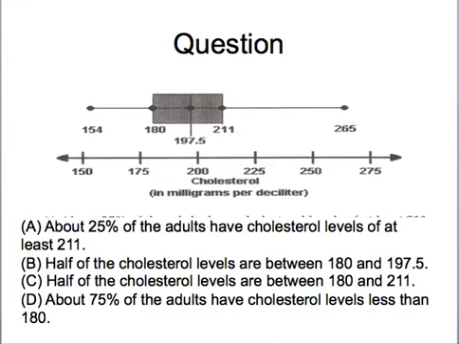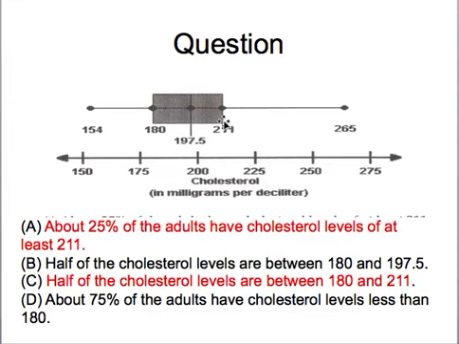More than one of these would be true. About 25% of the adults have cholesterol levels of at least 211. Okay, 211, that's true. About 25% of the adults have cholesterol levels of at least, that means 211 or more.